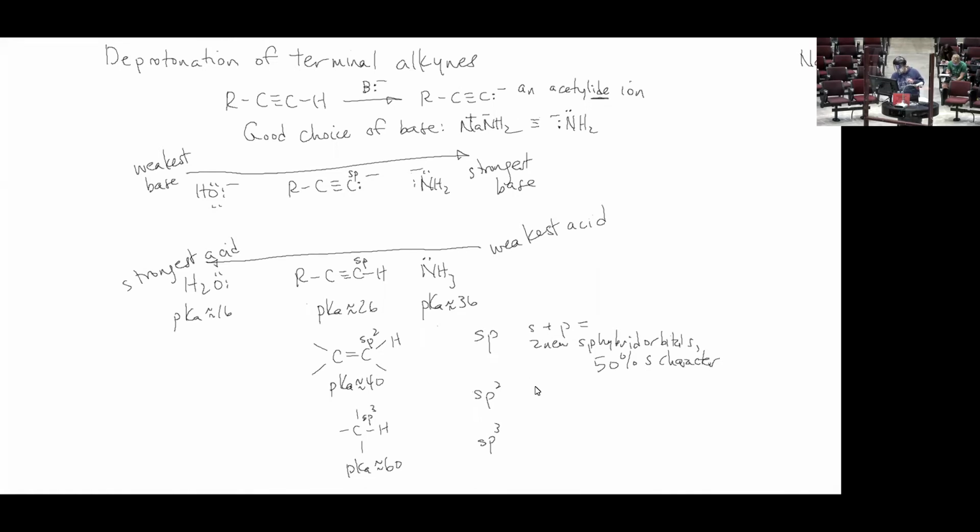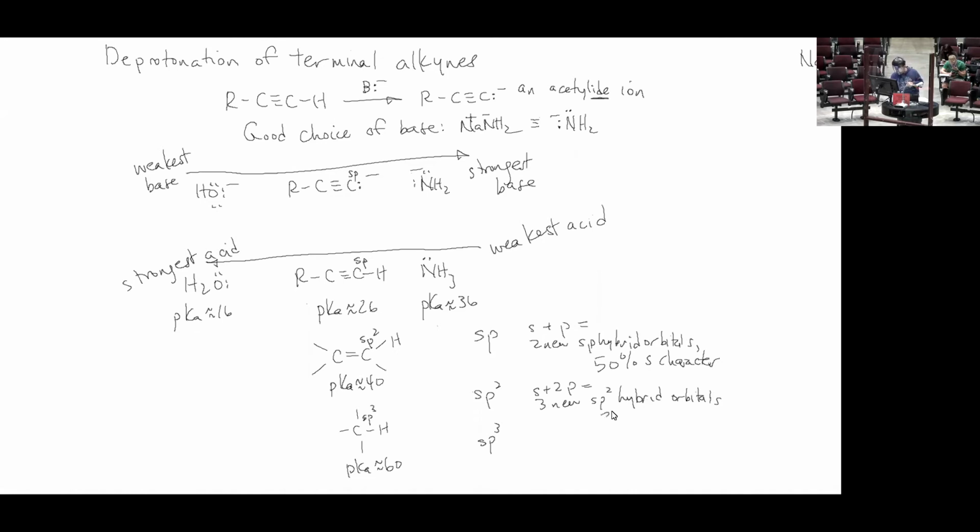Well, if we continue with that logic, if we now mix together an s orbital and two p orbitals, then we're going to get 3 new sp2 hybrid orbitals. And let's think for a moment about sp2 in exactly the same way. If we've got 3 orbitals mixed together, one of which is an s orbital, then each of those sp2 hybrid orbitals should be 1/3 s, right? 1 out of 3.